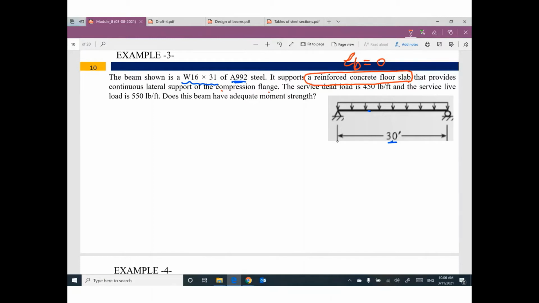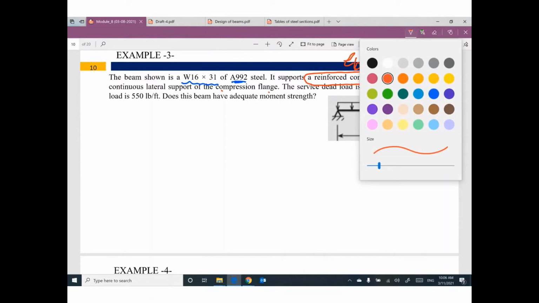Does this beam have adequate moment strength? Do you think this beam is safe or unsafe? Let's start.